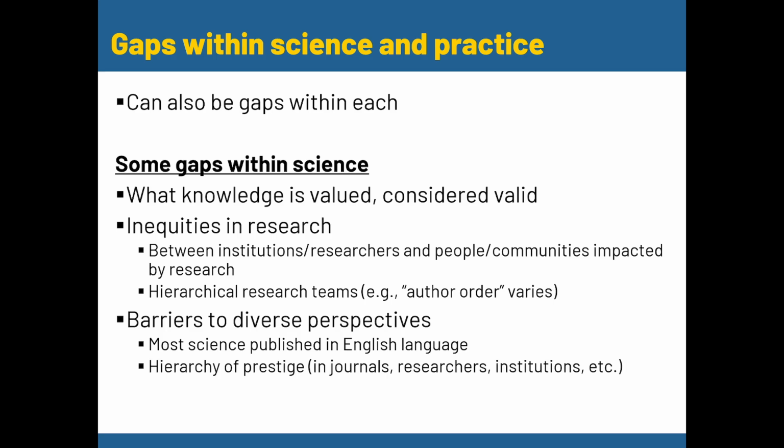Another example of hierarchies, there's hierarchies of prestige in every aspect of science in terms of institutions, right? Institutions are ranked in all sorts of ways. There can be prestige in journals, right?